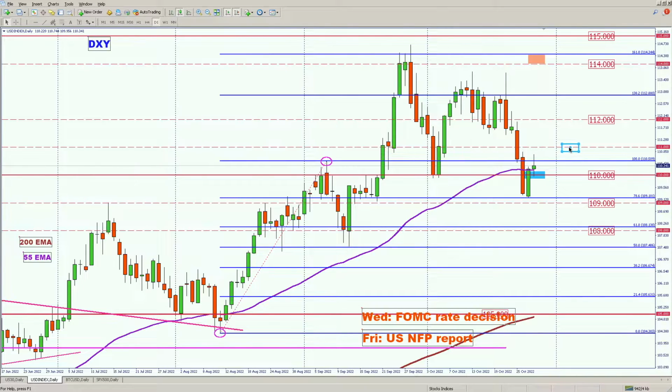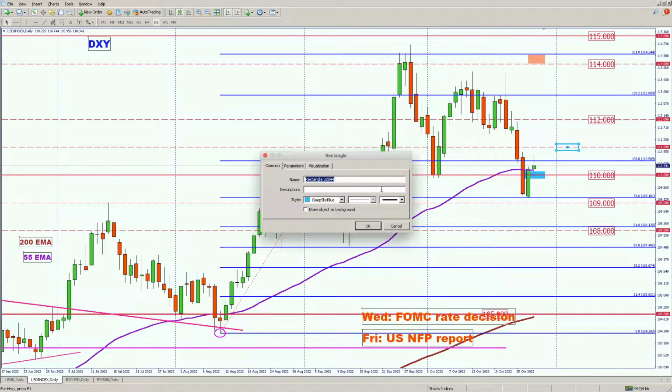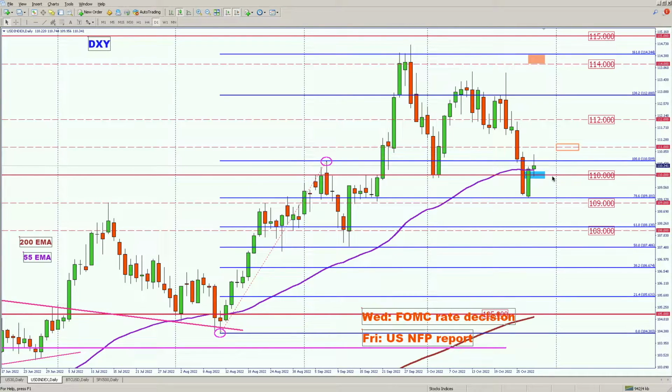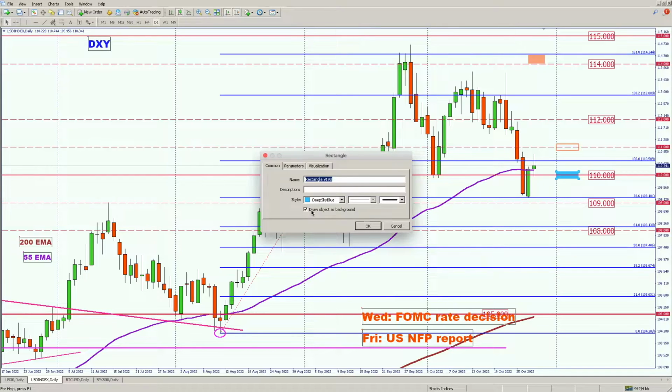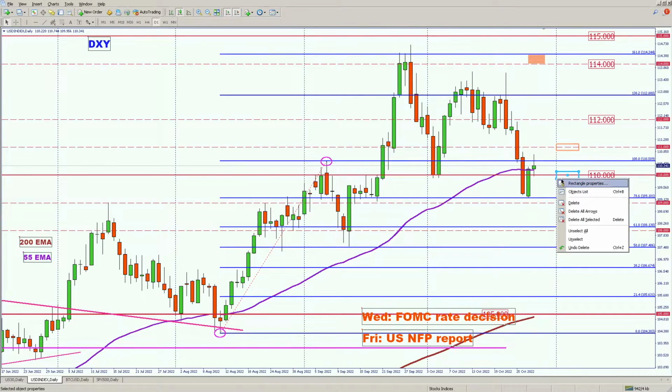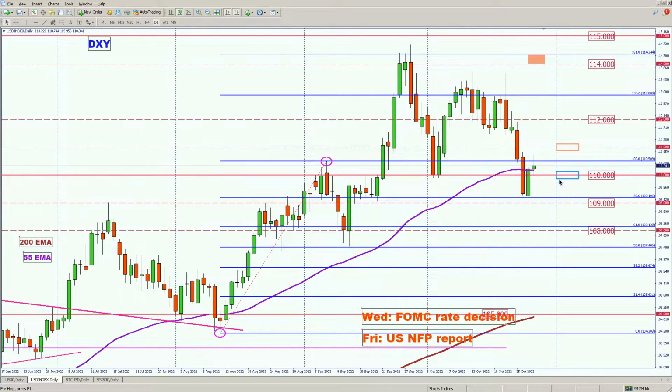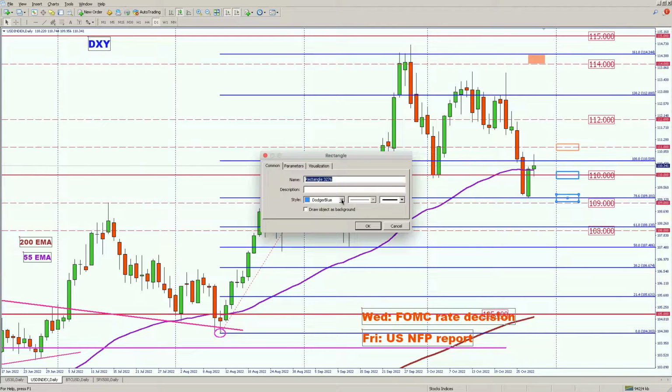So it fell through this intermediate support level. Let's change that to resistance now. And the 110 is likely going to be a support still. And with the 78.6 and the 109 area, it's a key support now that it has tested it.